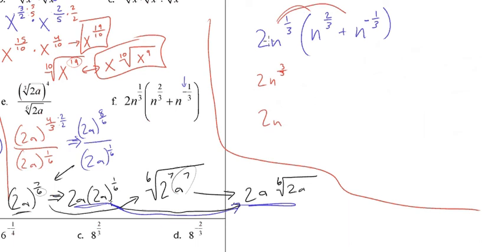Over here, 2 times n to the 1/3 times n to the negative 1/3. Well, 1/3 plus negative 1/3 is 0, and n to the 0 is 1. So this is 1 times 2, so plus 2. 2n plus 2 is your answer there.